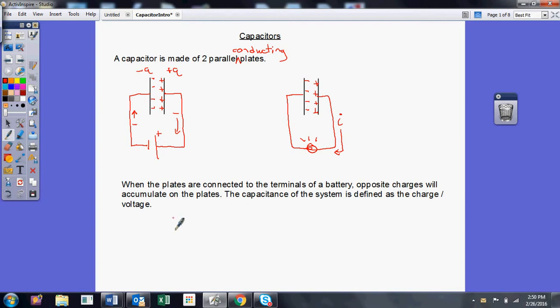So we have the capacitance C is equal to Q over V, where capital C is capacitance, Q is charge, and V is the voltage, or the potential difference.